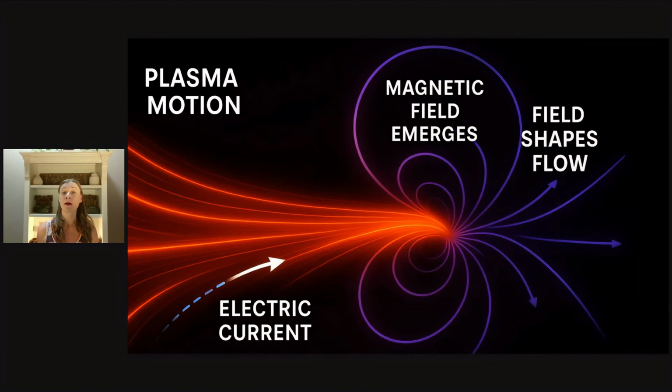It describes all the ways plasma and magnetic fields interact, not just collapses, but also the waves, loops, flows, and instabilities. A great example is those huge arcs of glowing plasma on the sun, solar prominences. They are held in place by magnetic fields shaped by the plasma itself. Without that feedback, structures like that would quickly fall apart.